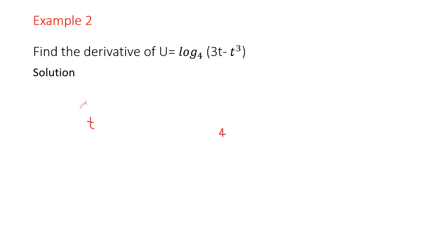So this one is d over dx of log base a of u equals 1 over u log e base a, where u equals 3t minus t cubed. du over dt equals 3 minus 3t squared.